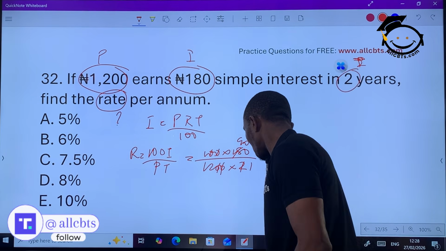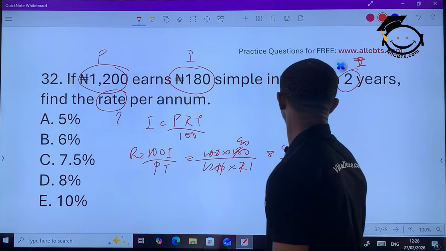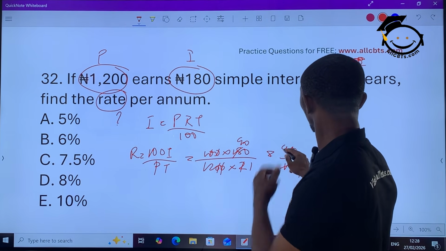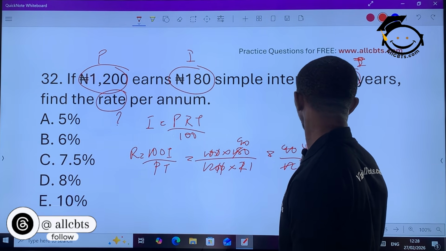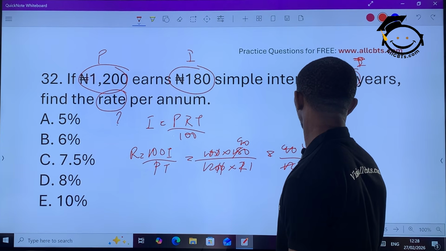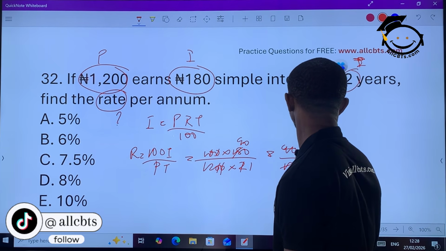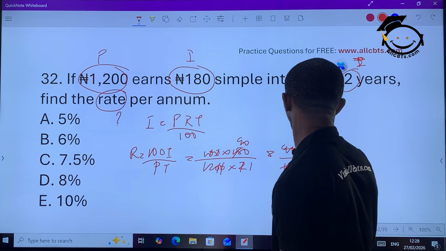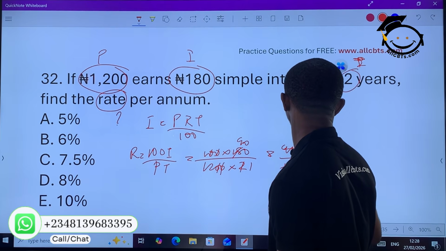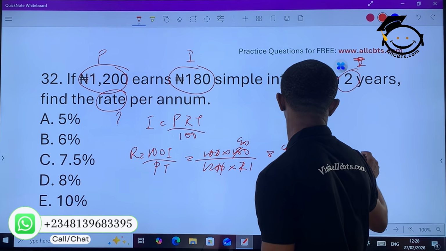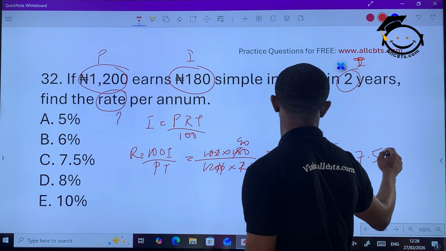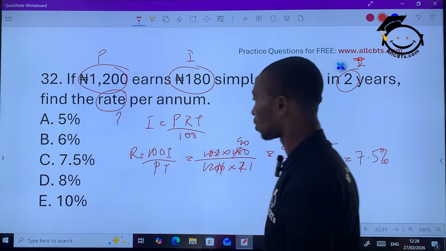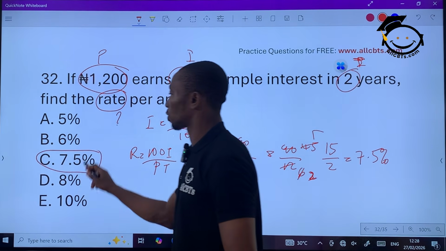Okay, and 90 divided by 12, 2 here 6, 2 here 45, 3 here 2, 3 here 1 and 5. So 15 divided by 2 gives us 7.5 or 7.5%, which is our option C.